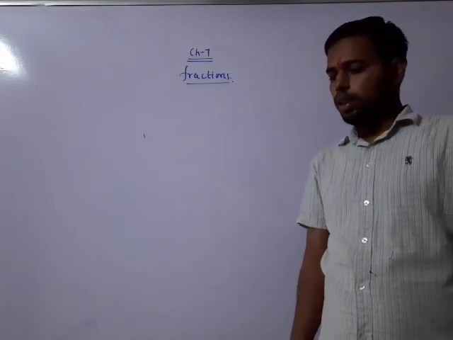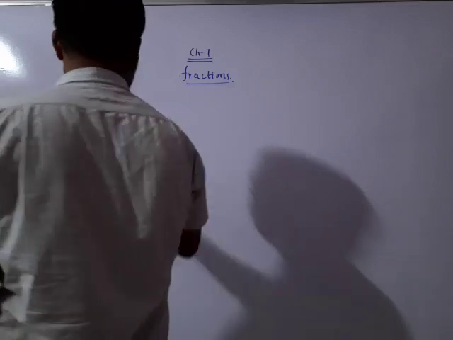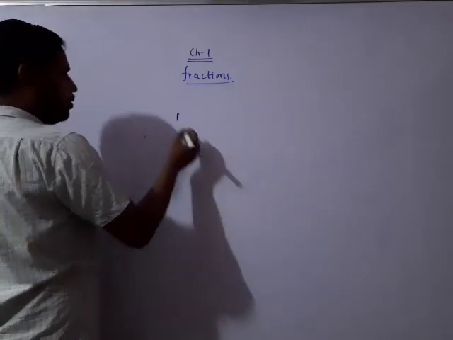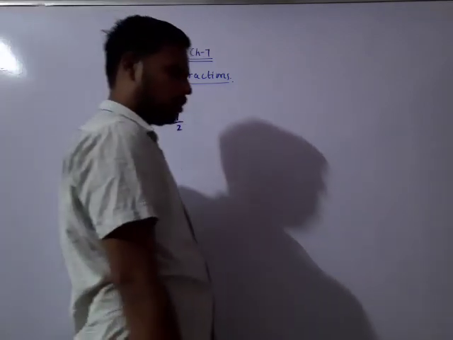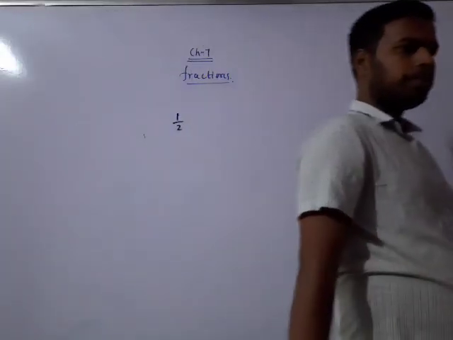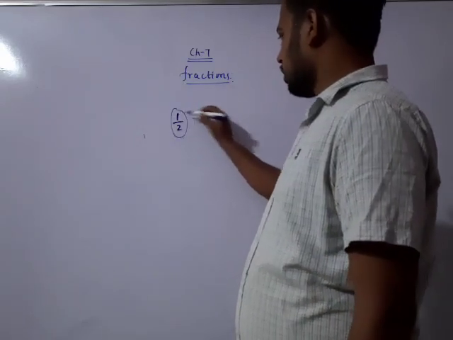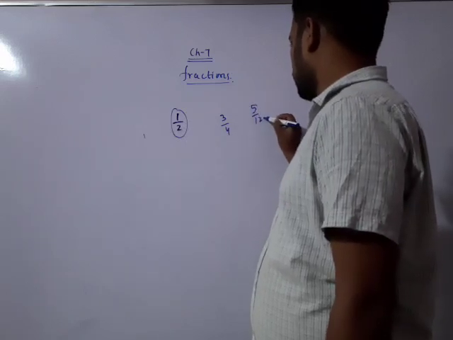Now suppose we see a part of a whole number. Suppose 1 is there, 1 is a whole number, but when we see 1 upon 2, it will be a fraction. 3 upon 4, 5 upon 2.